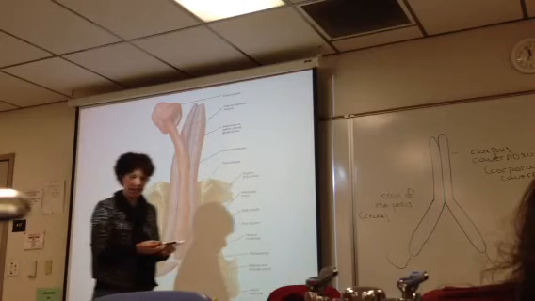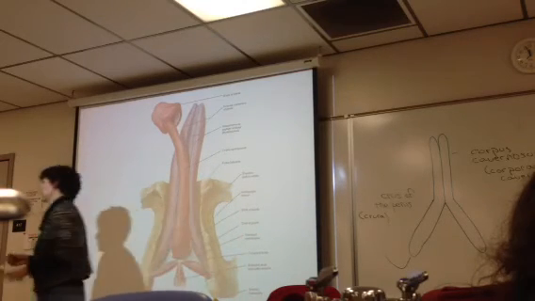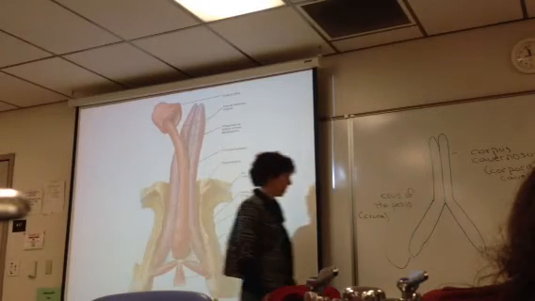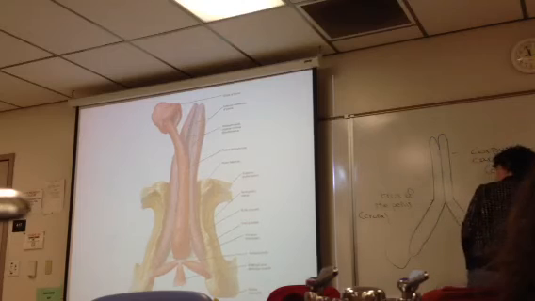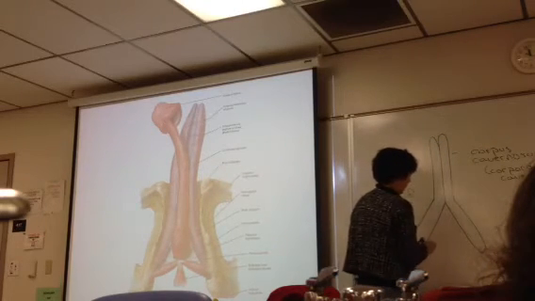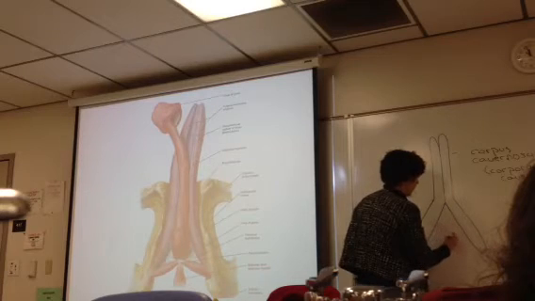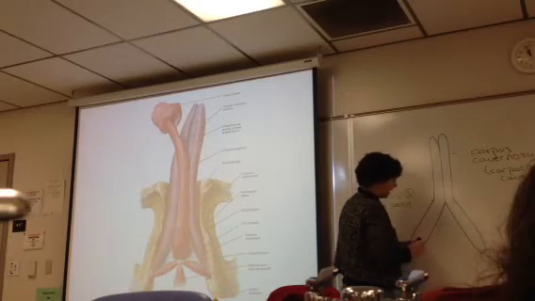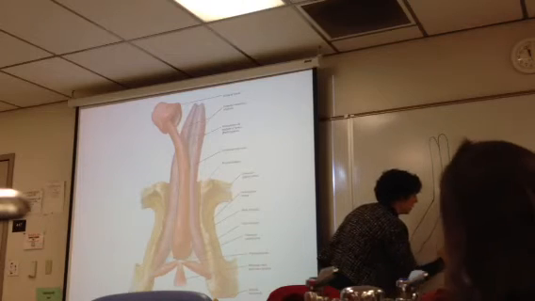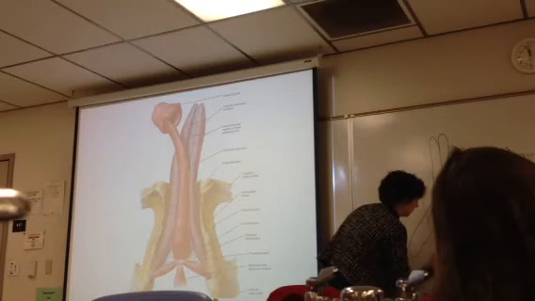Then if we add the ventral component, that's the bulb of the penis, and this is where the urethra first enters the erectile tissue.